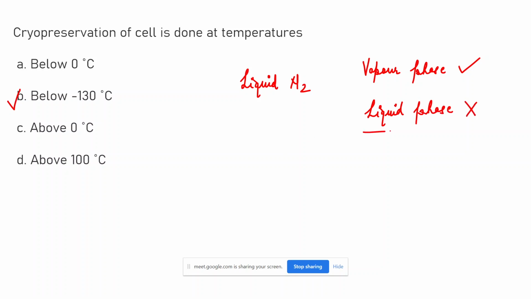So storing in the liquid phase may harm your cells, and that is why, if you have a liquid nitrogen tank that is filled to only one third level, it is always prudent to store your cells in the vapor phase and not directly immersed in the liquid.